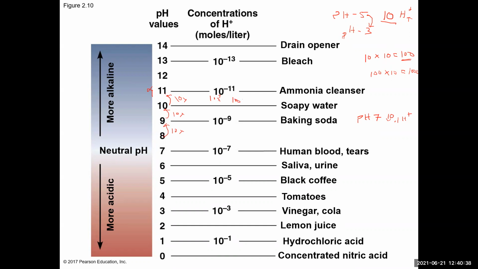So that is a 1,000 times change. And it would be a decrease in hydrogen concentration because we are increasing in pH. If we went from 6 to 3, it would be a 1,000 times change, but it would be an increase because we are becoming more acidic.